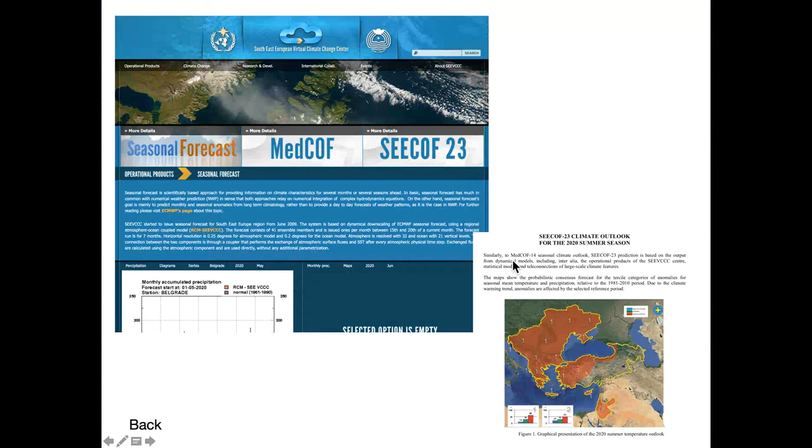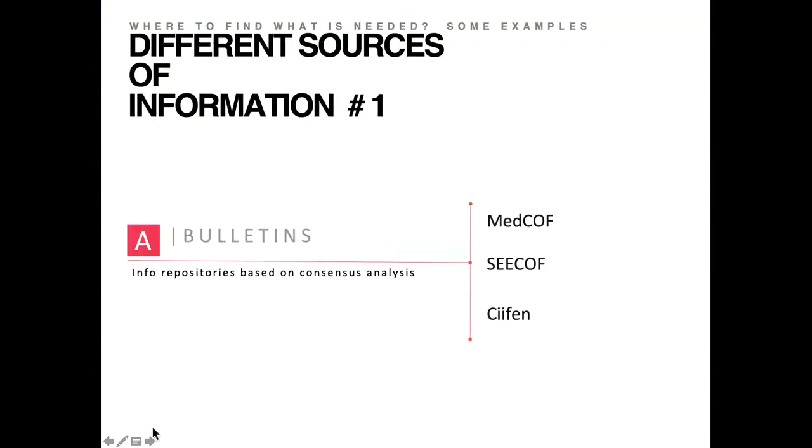So in this case, something much more local than the previous one, which covered the entire Mediterranean basin.